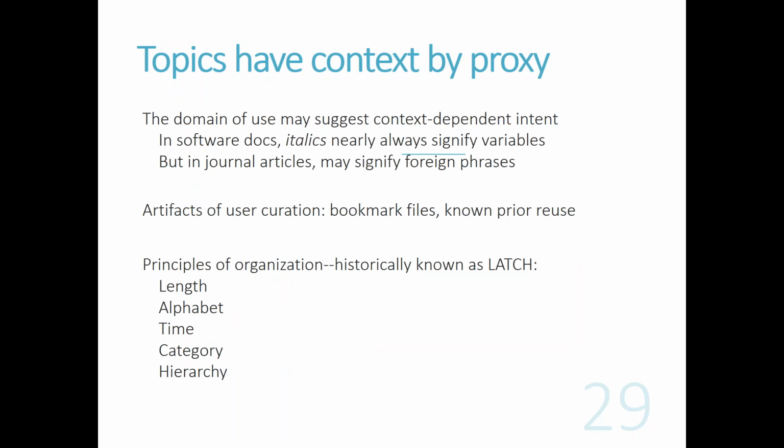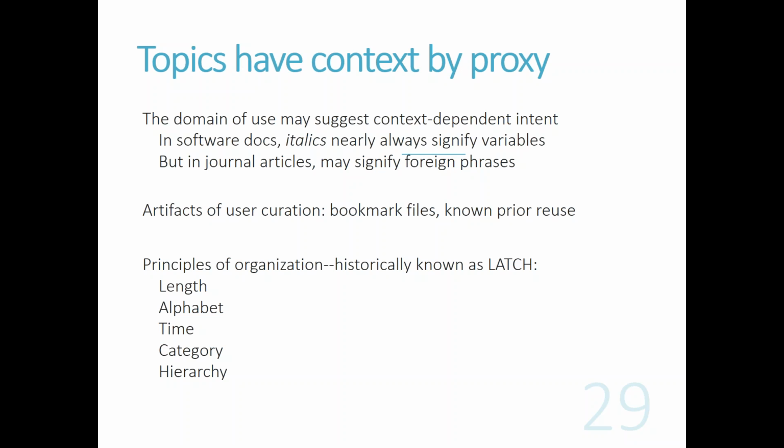Topics also have context by proxy, and so that would be saying that the domain of use may include context-dependent intent. Take the software industry, for example. When you're reading a software document and you see a term in italics, that nearly always signifies a variable in that context.